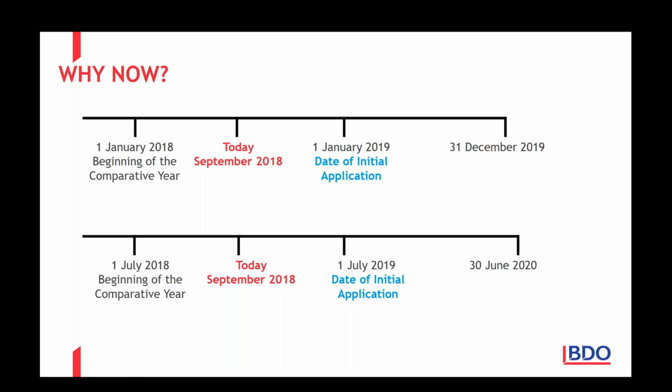So your current year financials will be 31 December 2019, your comparative year 31 December 2018, and we're already in that comparative year, and the same for June. I think the other thing that's really interesting is that AASB or IFRS 16 was issued in January 2016, so 3 years before it became mandatory effective.